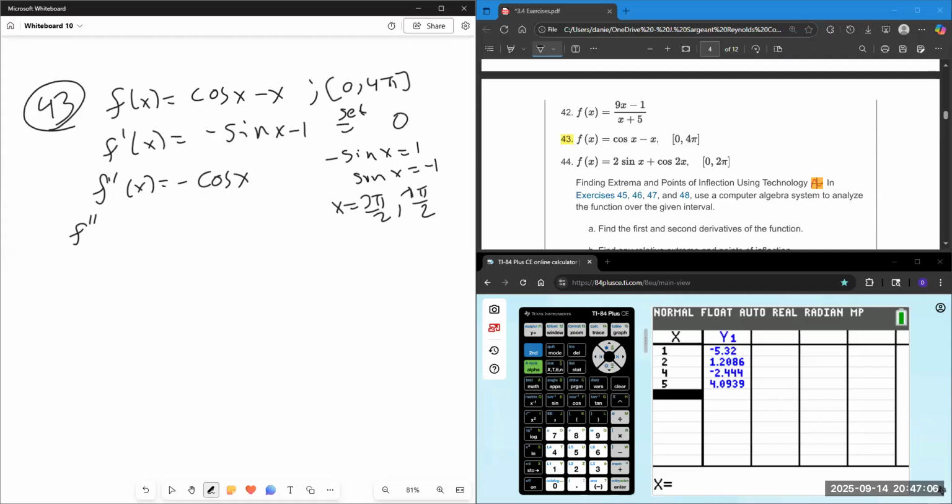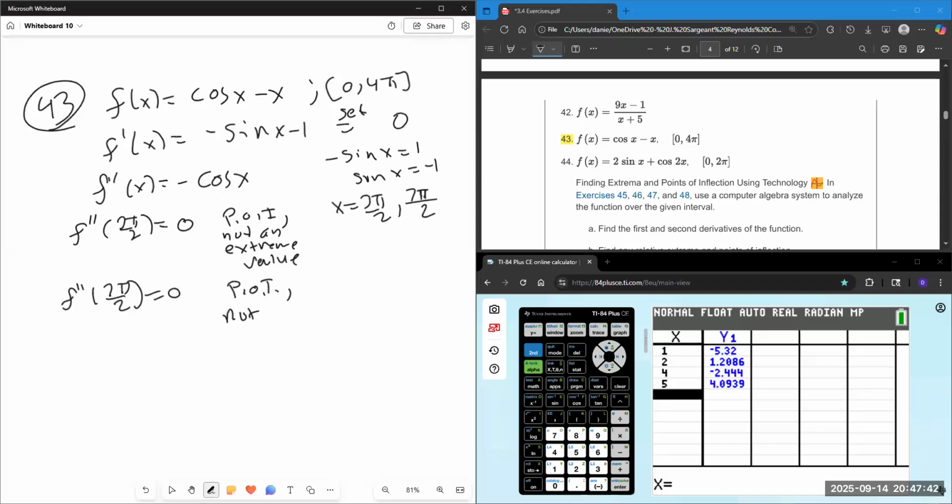So f double prime of 3 pi over 2: cosine of 3 pi over 2 is 0, -0 is 0. So that tells me that this is a point of inflection, not an extreme value. Same thing with f double prime of 7 pi over 2. It will also equal 0, so that's a point of inflection, not an extreme value.